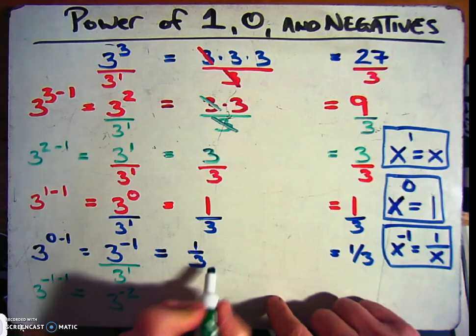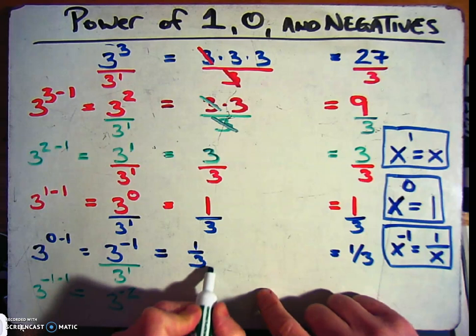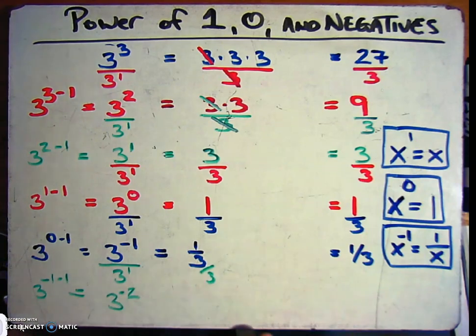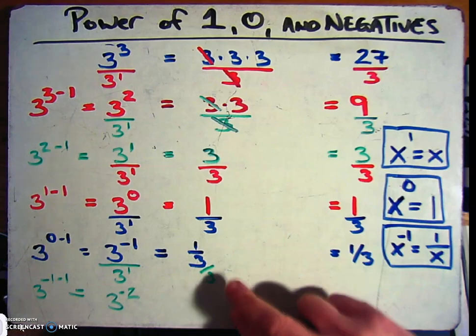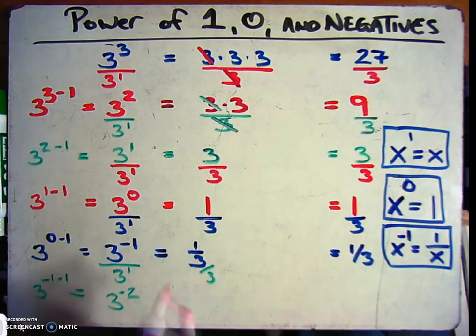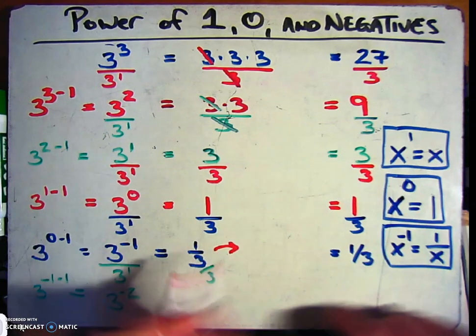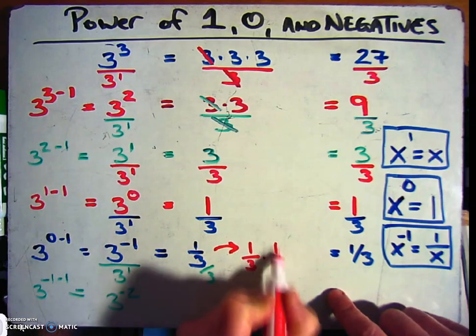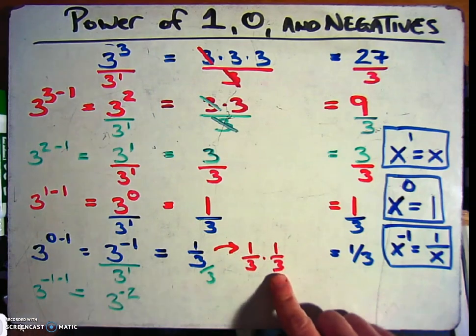I'm going to divide 1/3 by 3. But dividing fractions can be tricky, so instead I will multiply by 1/3. So 1/3 divided by 3 is the same as 1/3 multiplied by 1/3.